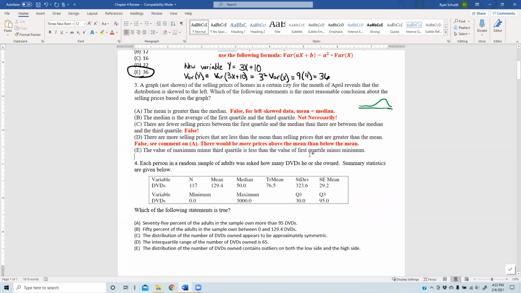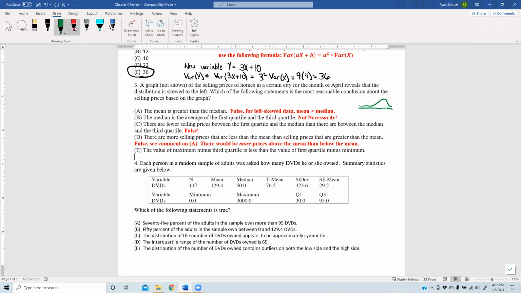Because think of it, our maximum would be right here. Chances are, and of course, here's our minimum. So max, min. Our median is probably going to be right here, median.